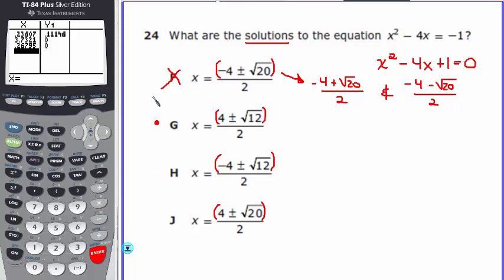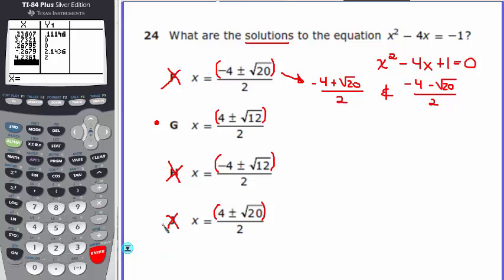Okay, just to be sure, let's double check these ones. Pressing parenthesis -4 plus square root of 12, close parenthesis twice, divided by 2, and it does not give me a 0, so I know it's not letter H. Let's try letter J. Parenthesis 4 plus second square root of 20, close parenthesis twice, divided by 2, and again it did not give me a 0, so I know letter J also is not the answer.